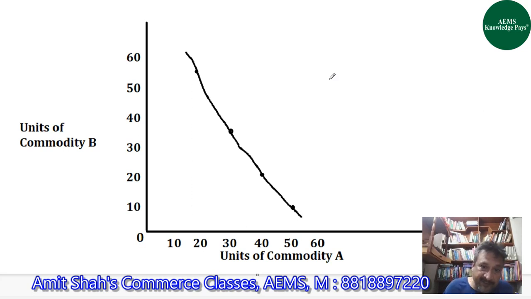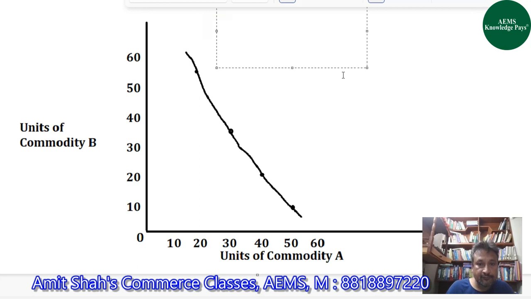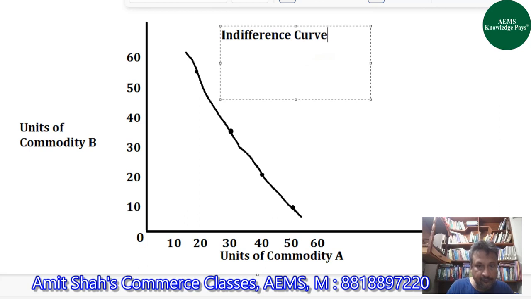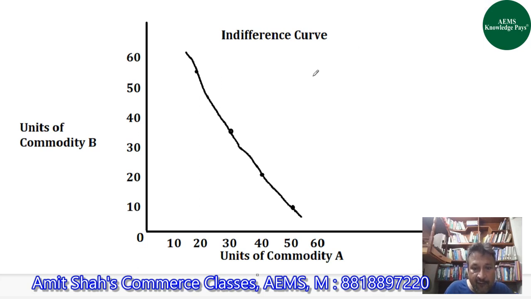And this is guys indifference curve. If I use proper scale guys, the curve shape that I will get would be slightly like this. That is convex to origin, means bent towards origin. So if you see guys, this is bent towards origin, like this.